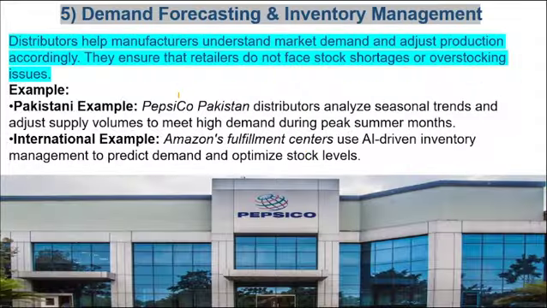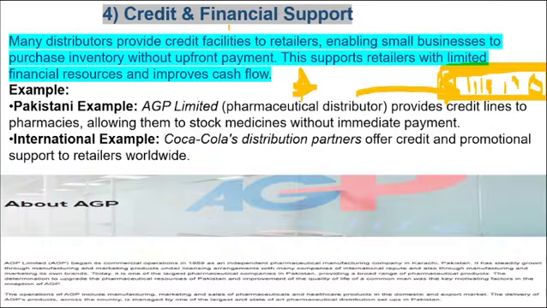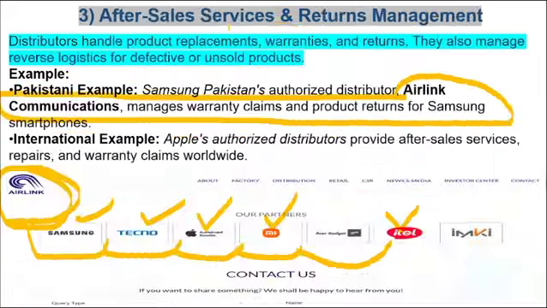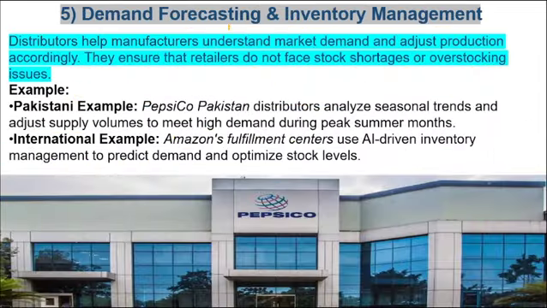Let's see function number 5, which is demand forecasting and inventory management. Distributors help manufacturers understand market demand and adjust production accordingly. They ensure that retailers do not face stock shortage or overstock issues. Forecasting, I have also discussed in the previous market expansion, like the distributor also gives the real knowledge, or you can say the real demand of the customers.